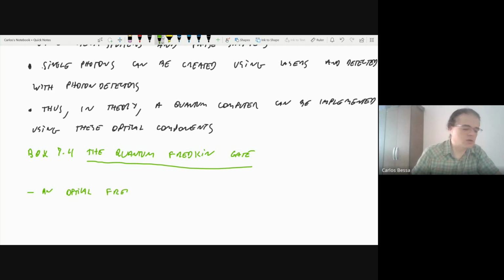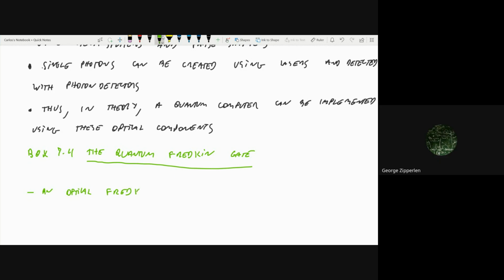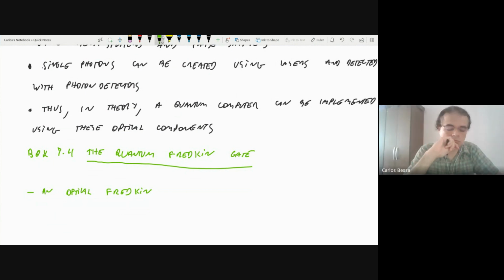Thank you, George. Just to sum up from previous talks, if I'm understanding correctly, the phase shifters can implement the X, Y, and Z 90-degree rotations in different axes.